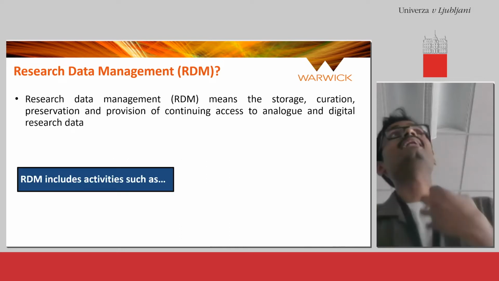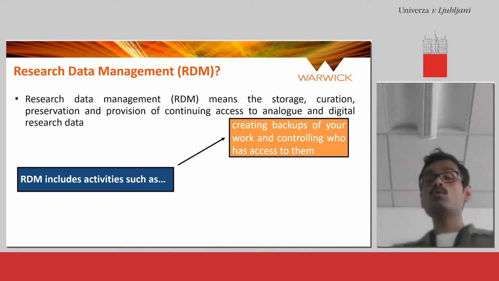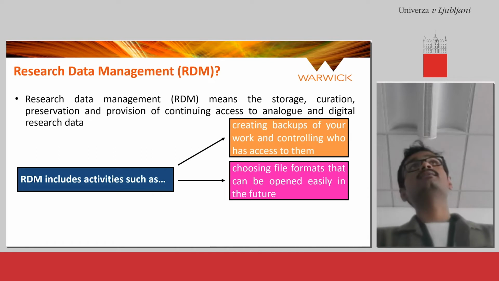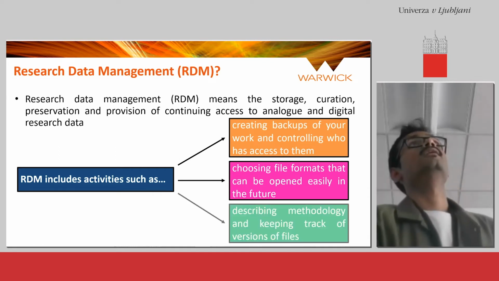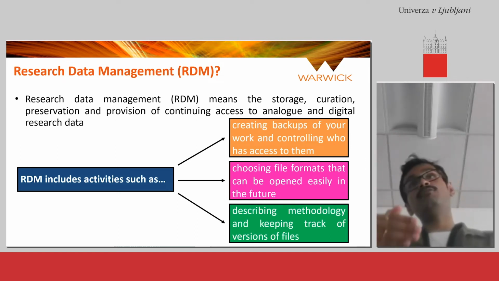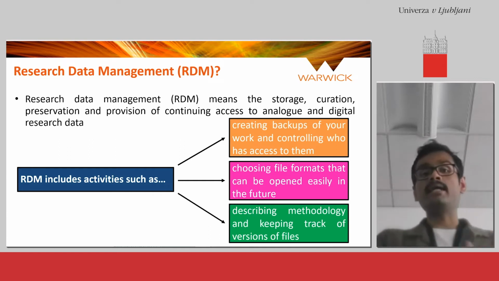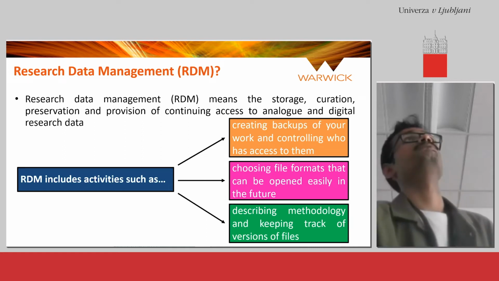So what it includes is all about how you back up your files, who can access these files, choosing the file formats so that you can open them even after 50 years, describing the methodology so that you have the proper methodology written. Even after 3 years, if you want to do that experiment, you can create that data. Not only you, others can also create the data if you have the methodology.